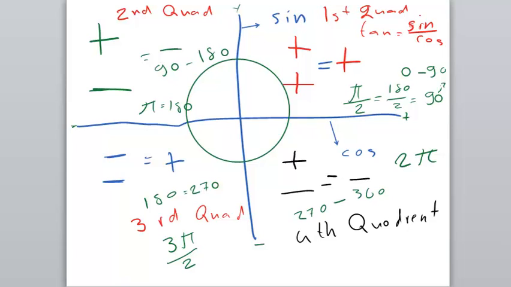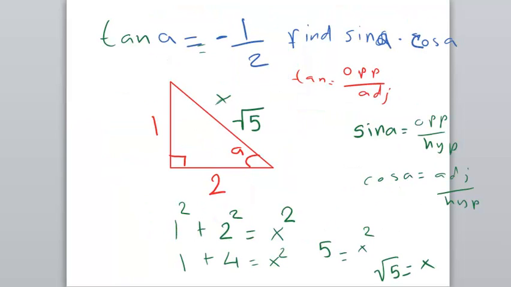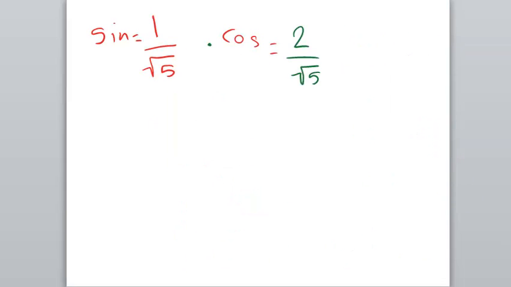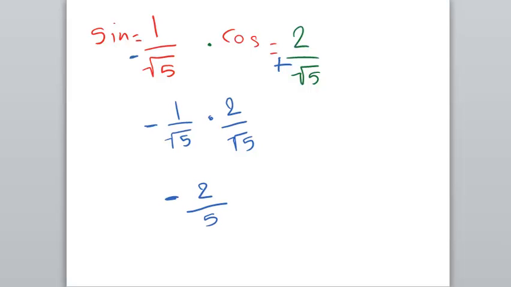In here, cos is positive, but sine is negative. So in our question, sine should be negative and cos positive. So it will be -1 over root 5 times 2 over root 5, which would be -2/5.